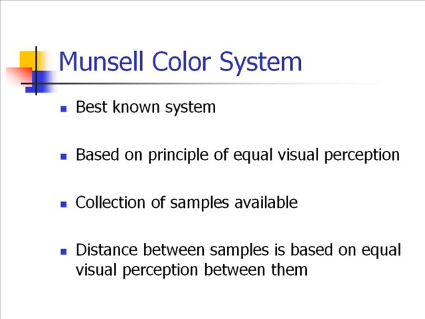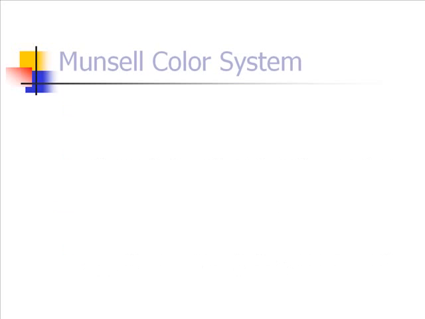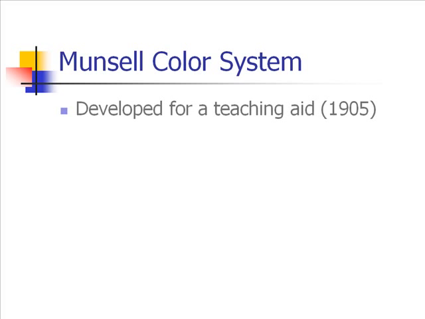It does have a numerical system to it. When we start talking about colors, we really want to use something that has numbers to it so that we can get very precise. If we just use names, it's very difficult to be precise about color. So the Munsell system does have numbers to it.